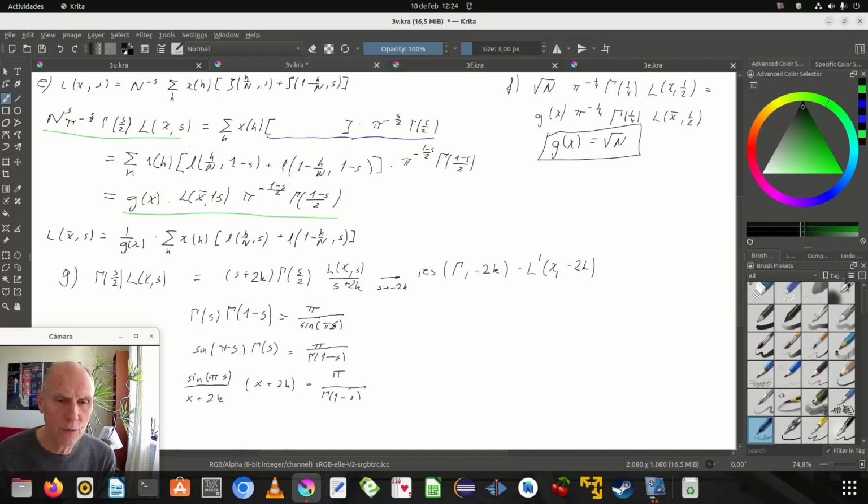And the derivative of sine pi s at the even negative numbers, we'll just plot the sine so I can see it. So the derivative here is pi.